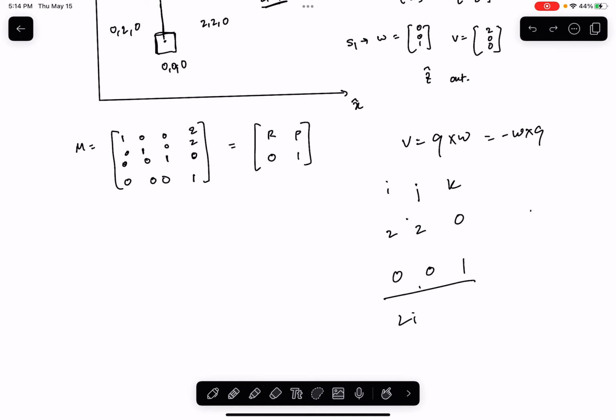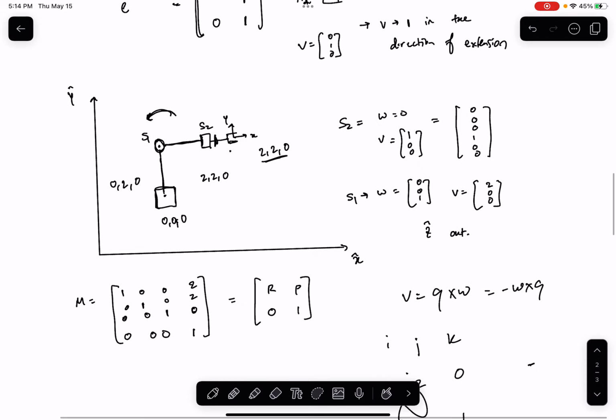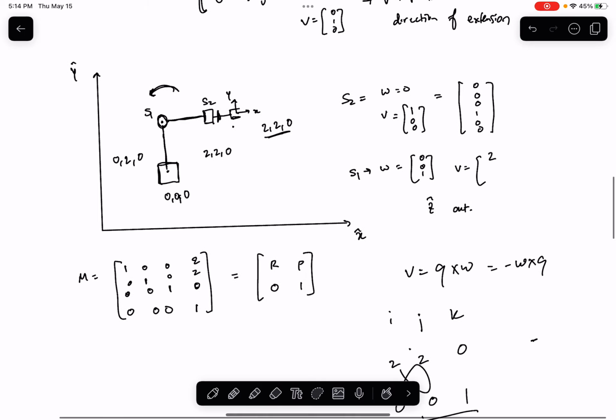Our j is 2, 1, 0, 0, which is just a minus 2. And we should have no k component as this determinant is 0. So let me just correct this. Our v matrix will then be 2, minus 2, 0.